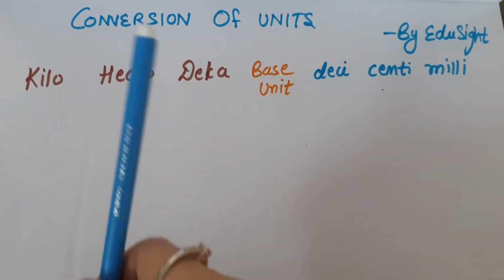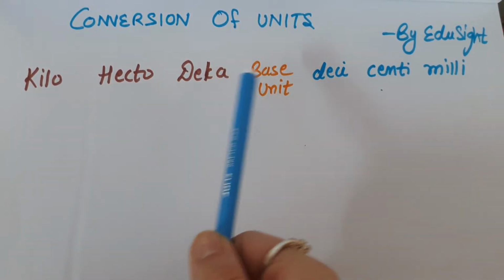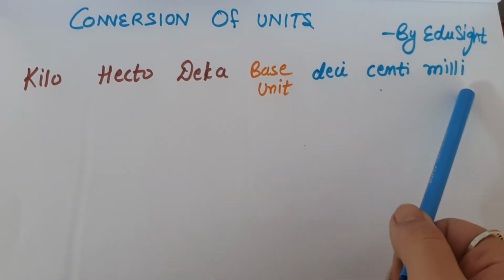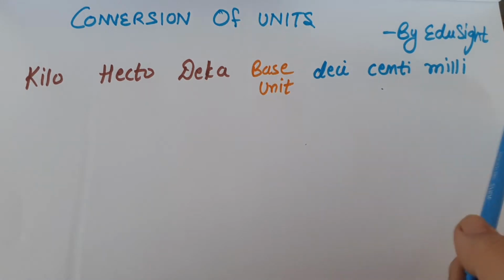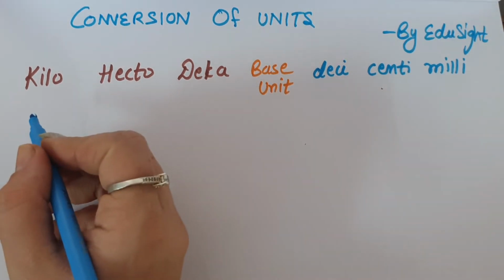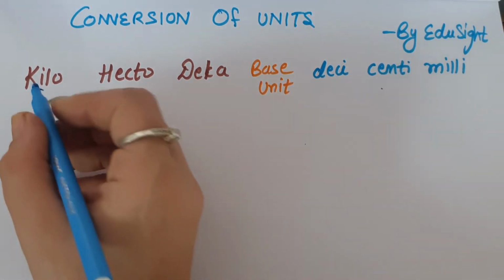In this you can see here kilo, hecto, deca, then you have the base unit and then deci, centi, milli. This is the sequence and you all need to learn this by heart with this sequence only. Here for this we have a shortcut to learn.